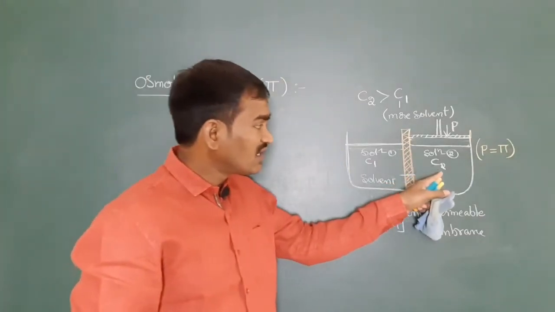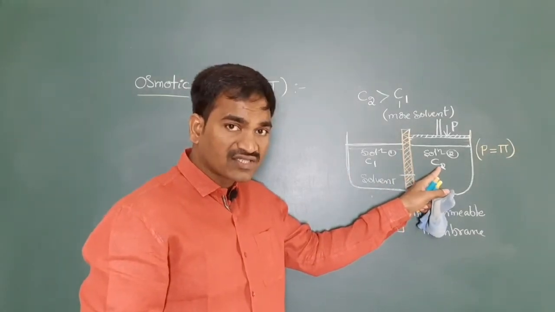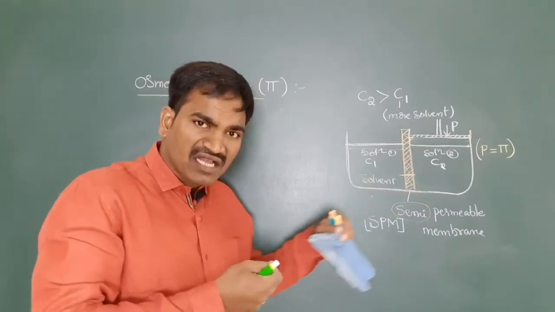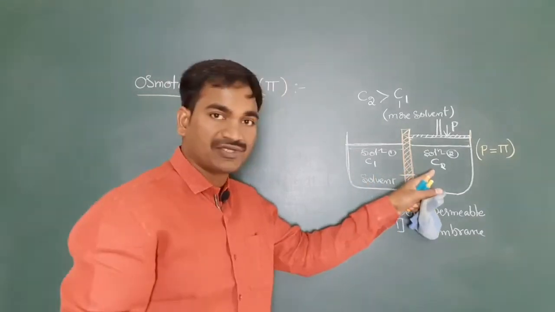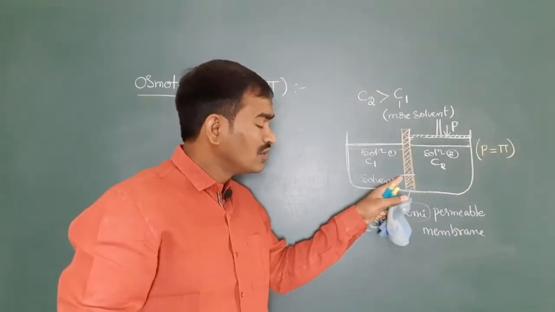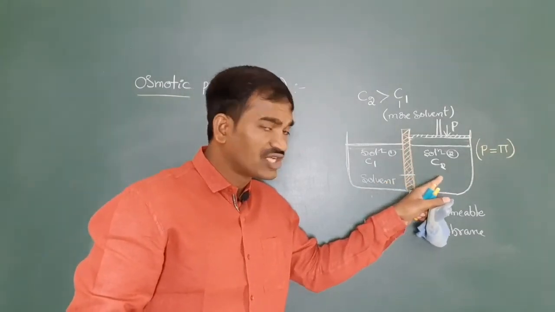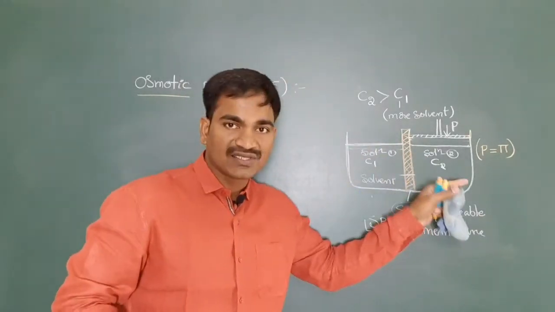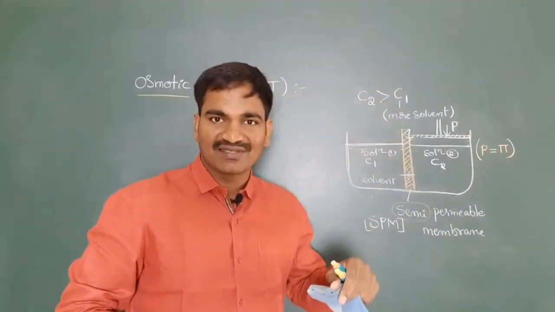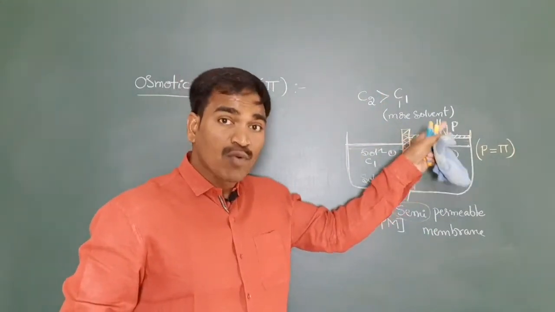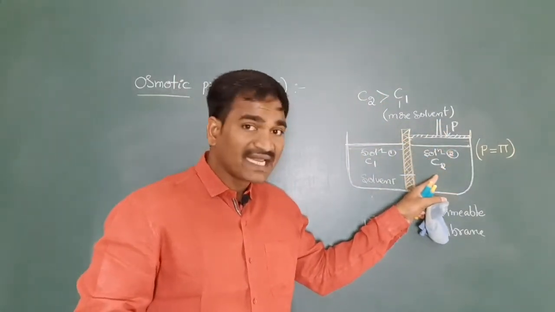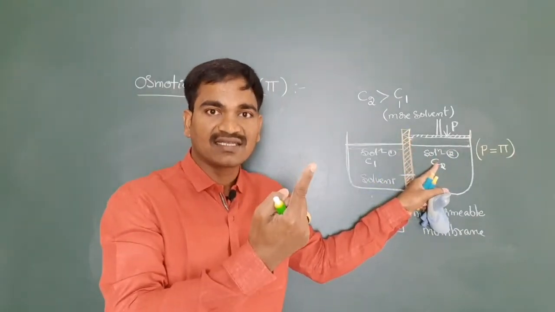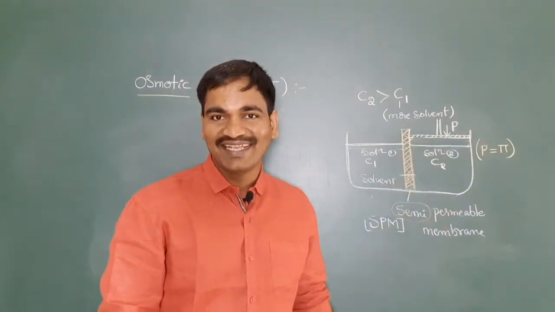Whenever its concentration is more, these solvent particles are always trying to enter into that solution. Whenever these solvents enter that solution, we will try to stop that osmosis. That is nothing but osmosis. We have to stop that osmosis, so that's why we have to apply more pressure. So if the concentration of solution 2 increases, osmotic pressure also increases.